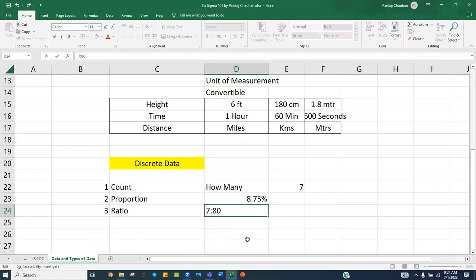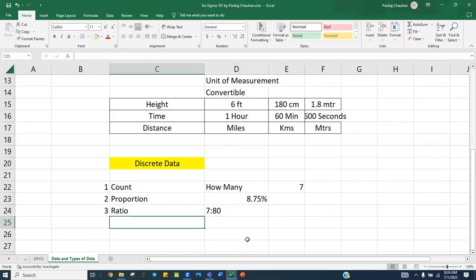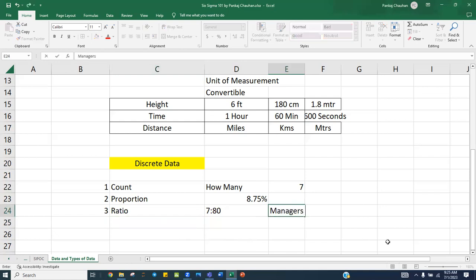So the ratio is 7:80. There is no further unit of measurement. Sometimes we calculate the ratio like how many managers are there in the organization versus how many associates are there. Typically we also calculate it in the school system, like the teacher to student ratio.